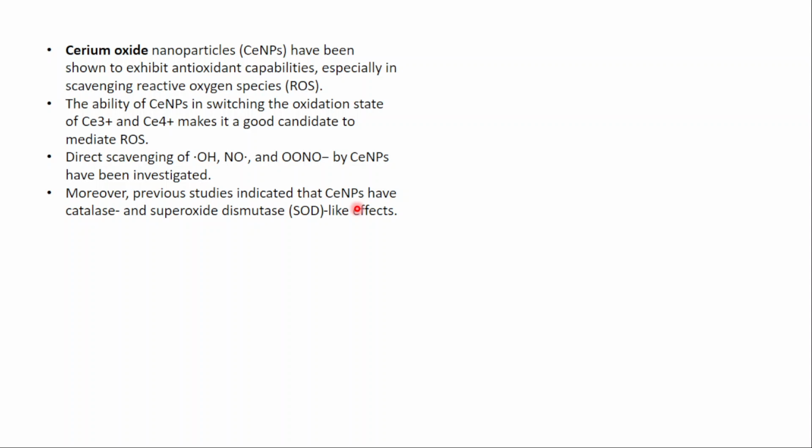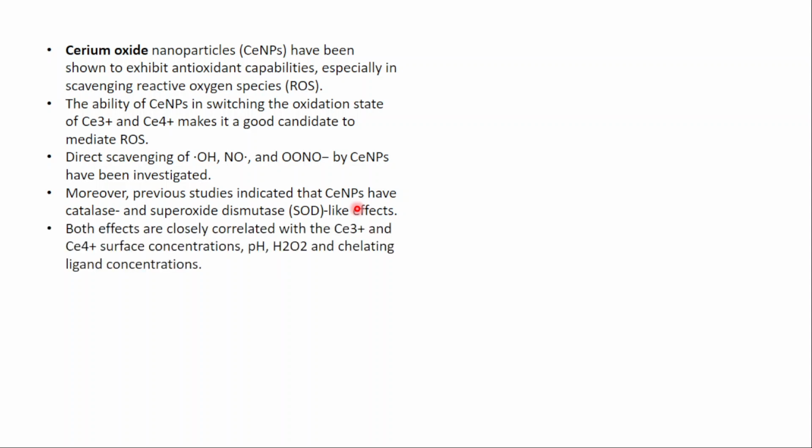Catalase and superoxide dismutase are two enzymes present in biological cells, the inherent mechanism of the cells to deal with reactive oxygen species generation. So CeNPs, cerium oxide, have shown activity on par with the biological catalase and superoxide dismutase.